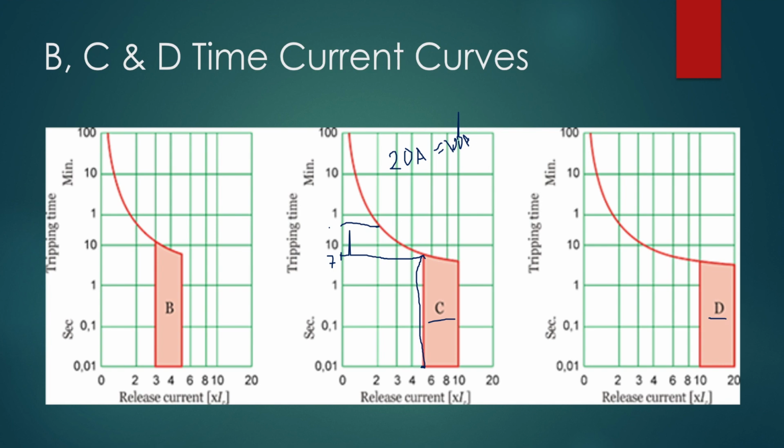So this means that C-type is the best type of circuit breaker that we can select for a motor load, and so on. So we can understand from the characteristics of each graph how or when the circuit breaker will trip in accordance with its rise of current. So the higher the current, the less time it's going to take to trip the breaker.